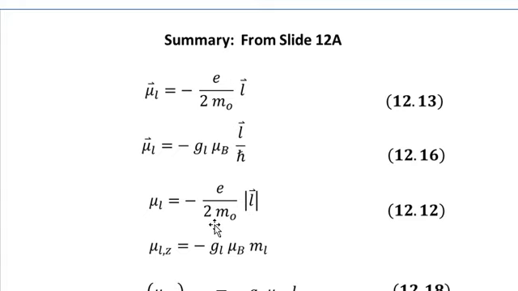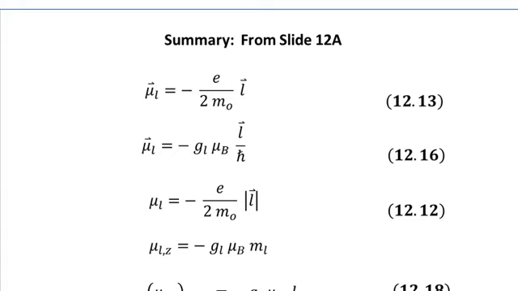magnetic moment of the electron in terms of the magnitude of the orbital angular momentum. This relationship in equation number 12 is in the form of the magnitudes, and then we have the z component of the orbital magnetic moment. If you take the z component of the angular momentum, then of course that z component is given by ml h bar, so h bar will be cancelled out and you are left with ml, where ml is the orbital magnetic quantum number.